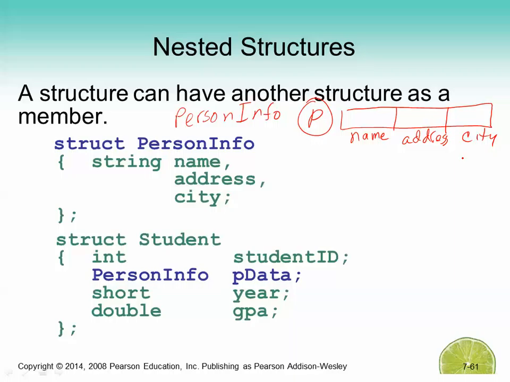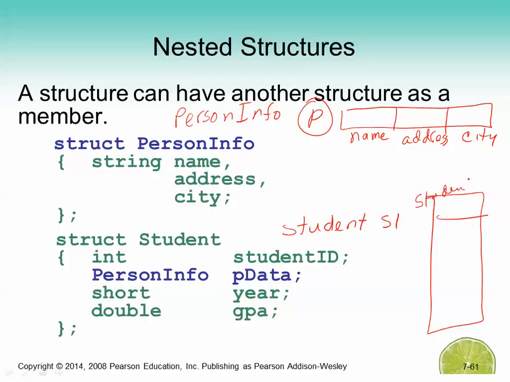So when they create this student, if I say student S1, student S1 is going to have student ID, which is the first one, and it's going to have P-data. And what is P-data? P-data is personal information, and personal information is these three.